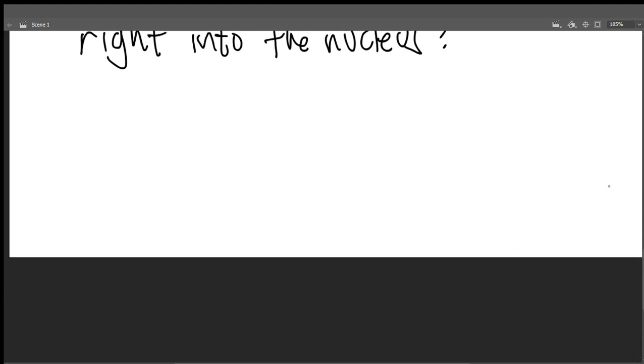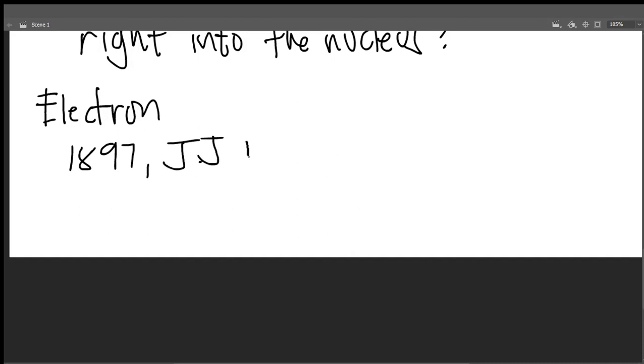Okay, so let us first discuss the electron, one of the parts. In the year 1897, Sir J.J. Thomson discovered the electron as a result of his investigation of the flow of electricity through an evacuated glass tube.